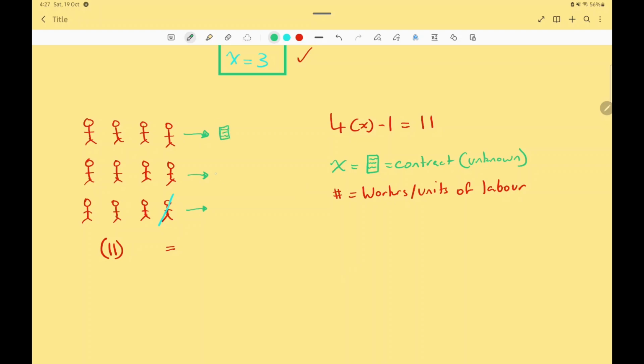So you'll have 3 contracts. And of course, the bigger contract is to the lesser people. So this is what it represents. You have 4 people per contract, minus 1, that's Steve, equals 11 people in total on your team.